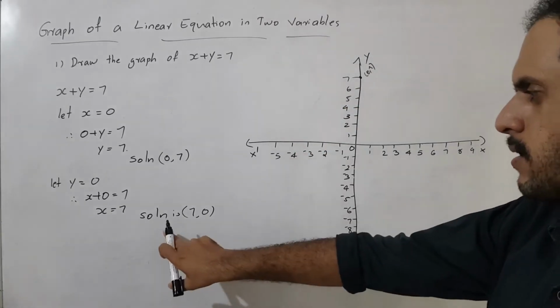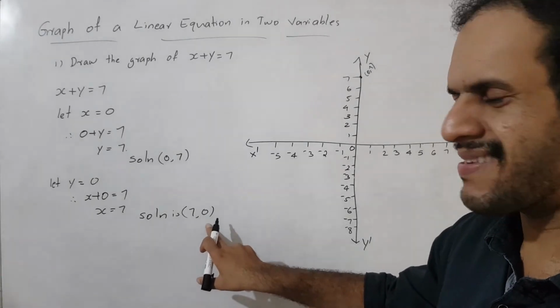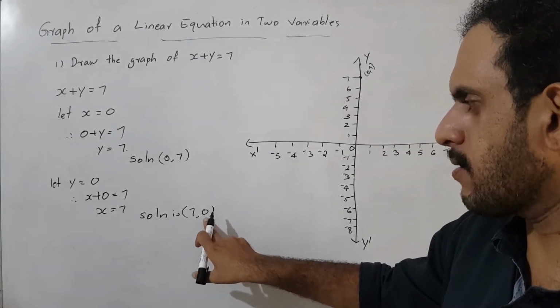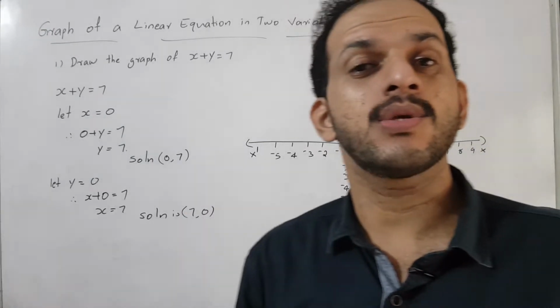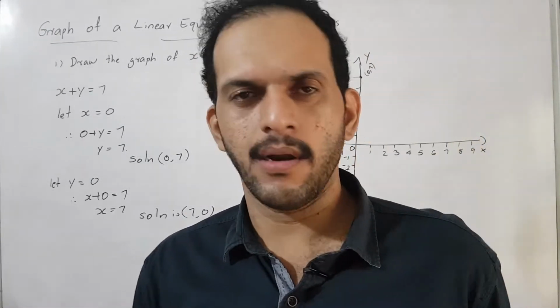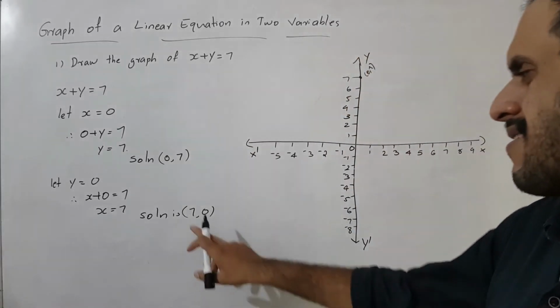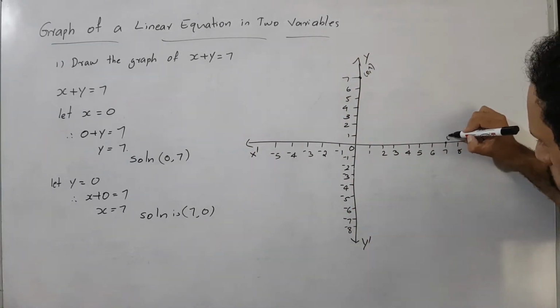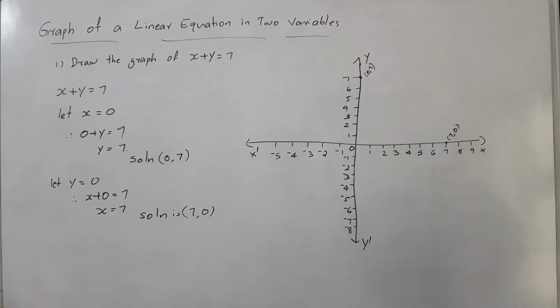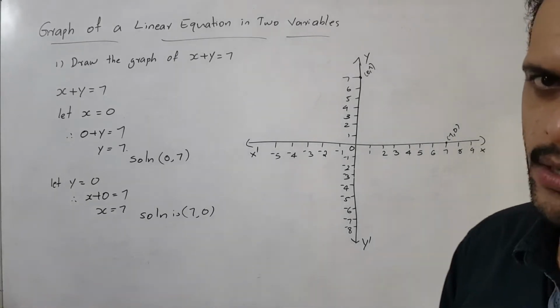Our second solution is 7, 0, correct? The y coordinate is 0, so it is very clear this point lies on the x axis. Clear? Where is positive 7? The point is here. 7, 0.